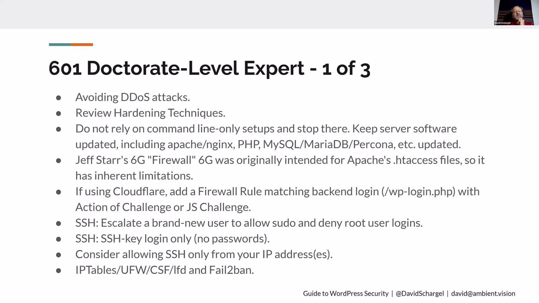You're best off going right to the bottom of this slide and going for the true firewalls, iptables and UFW. You see that a lot on Debian and Ubuntu systems. CSF, LFD, you'll see a lot on CentOS Linux systems. Fail2ban is almost all over the place.